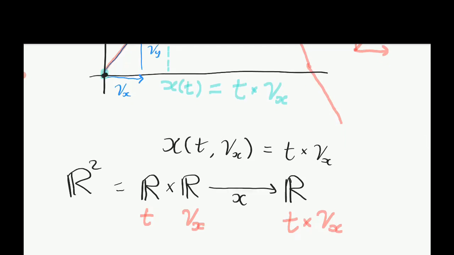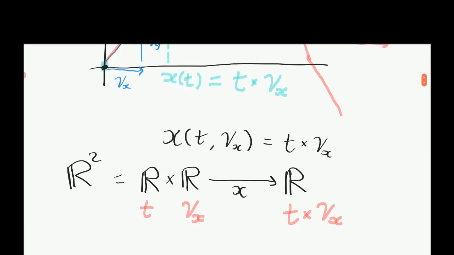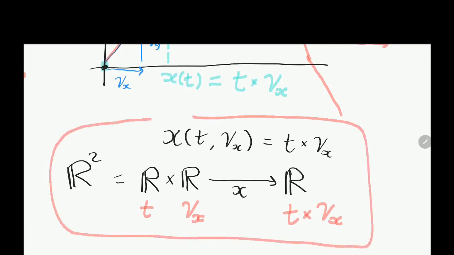So how can we visualize this situation then? This very simple situation where basically we're just saying that the displacement is equal to the time multiplied by the velocity. We have these two inputs, t and vx, and then this output, which is t multiplied by vx.